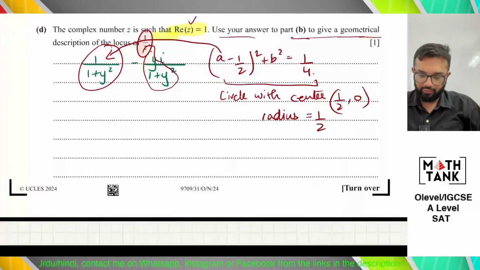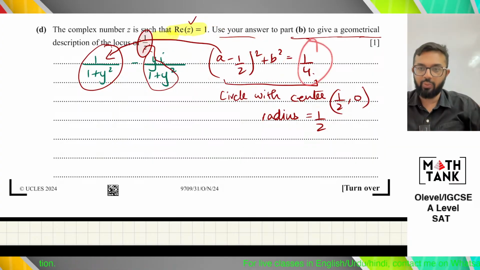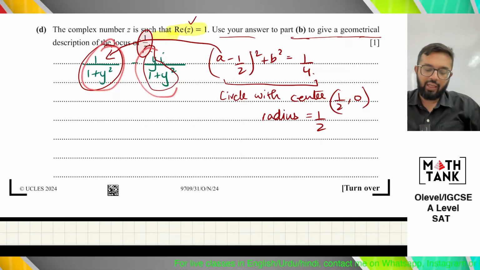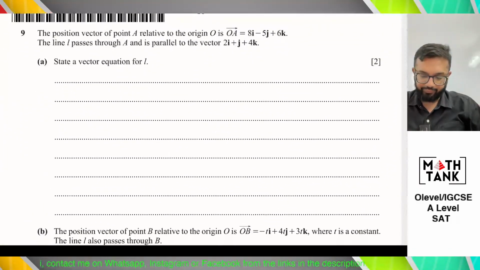Okay, that is how the two things connect, because when I fit the real part and the imaginary part, if you notice this is basically a distance equation. The distance is always 1 over 4 regardless of the value of y, which means that the locus of 1 over z is always going to be a circle.